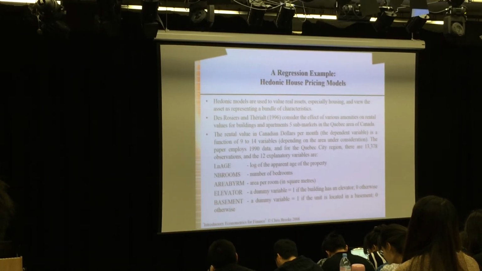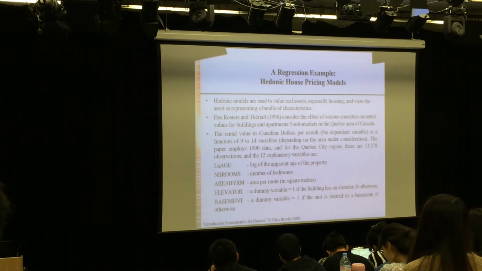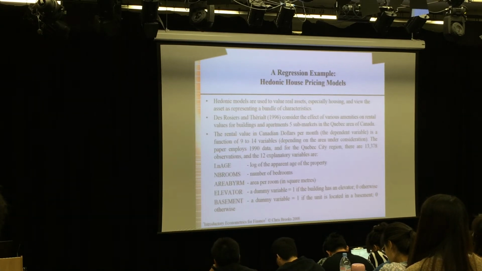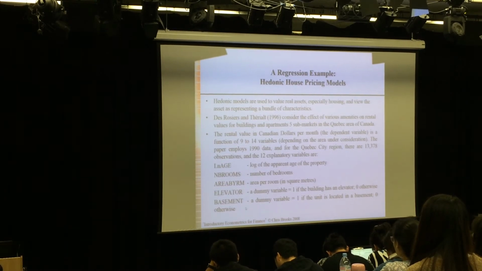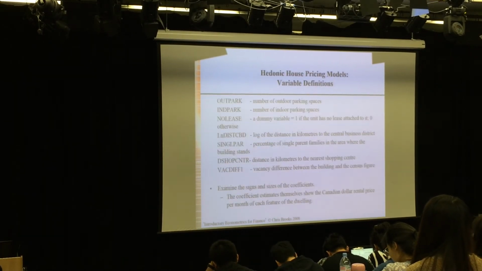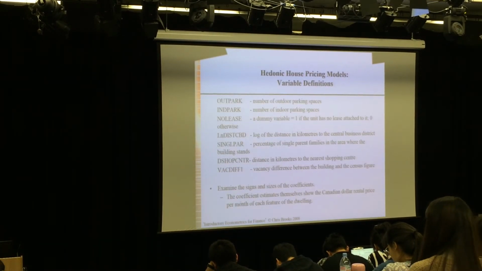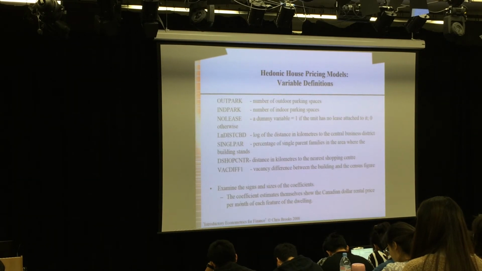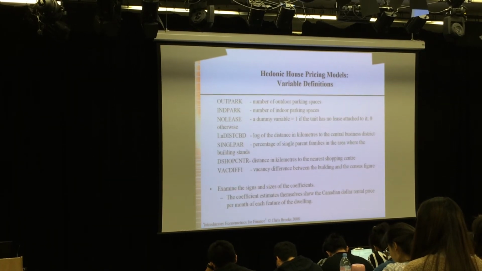Rental values. So how much money you get for a particular house when you rent it out. So some of the things are the age of the property. A newer property might fetch more money. The number of bedrooms, the area per room, whether or not there's an elevator, whether or not there's a basement, car parking spaces, is there a lease attached to it or not?